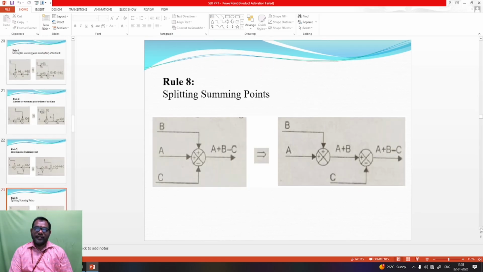Next, rule number 8: splitting summing points. Here we are going to split the summing point A, B, C. These three inputs are combined into a single output, A plus B minus C. So we are going to split the summing point.